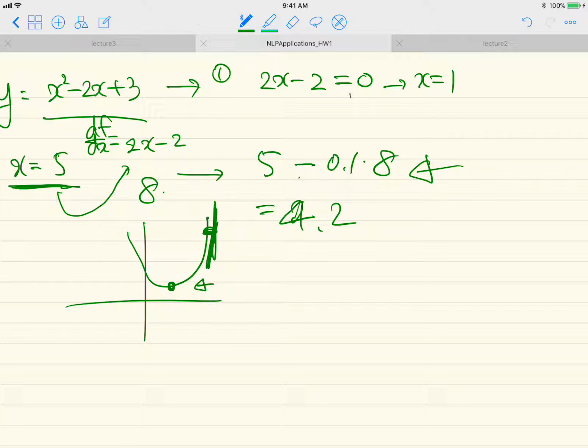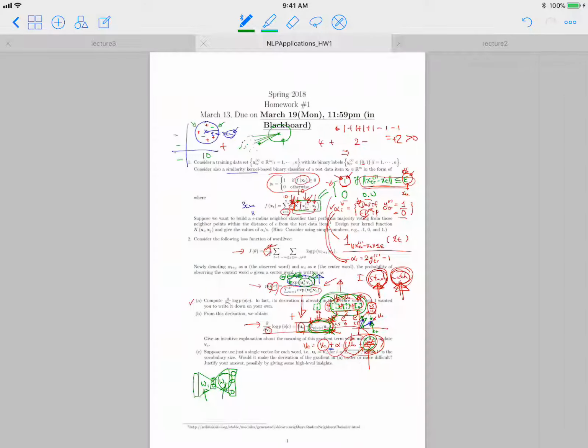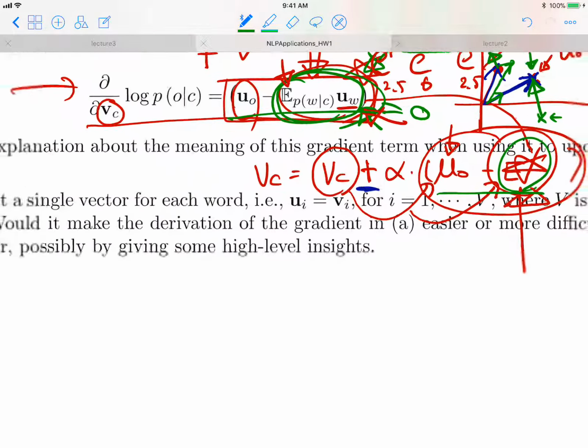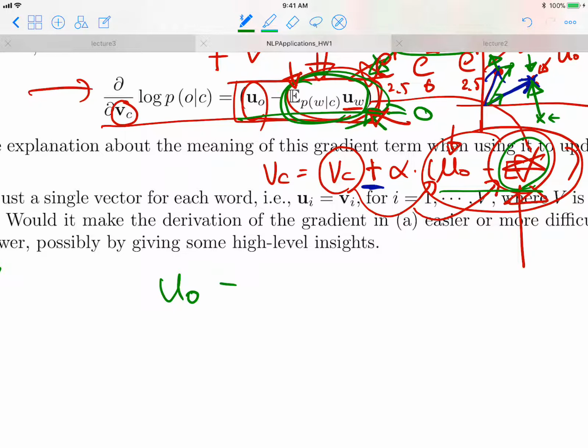But some students thought about this. By just setting it to 0, this will be our closed form solution.